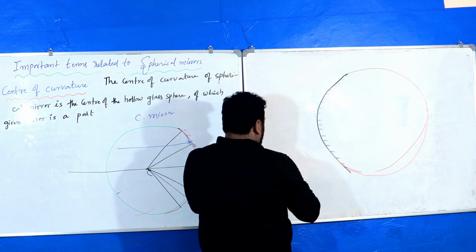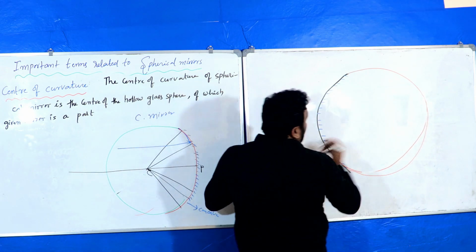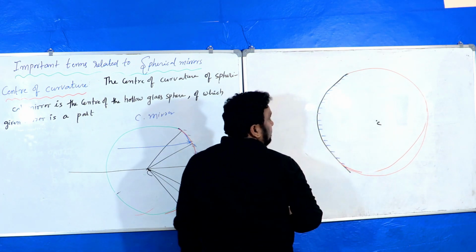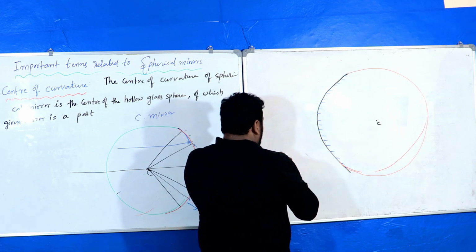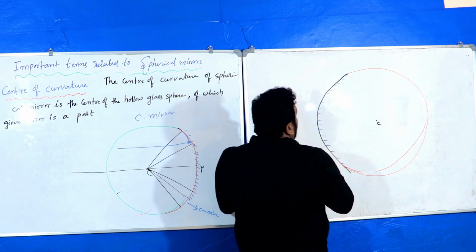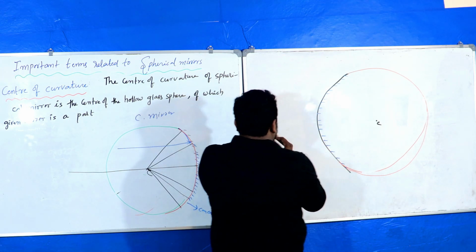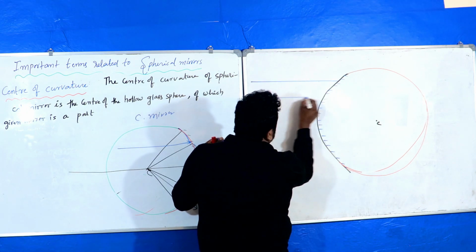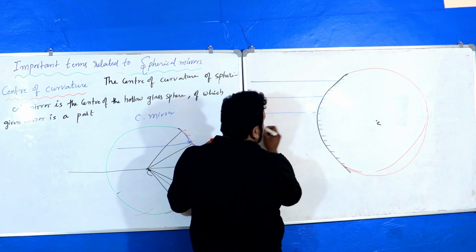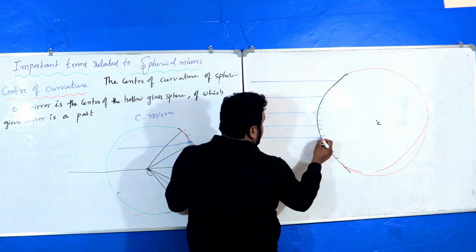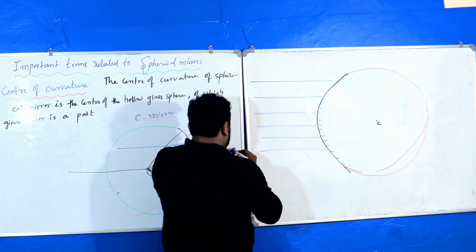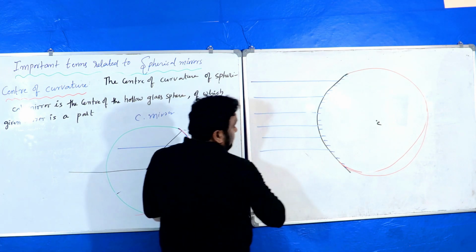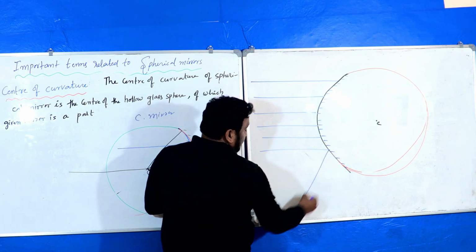Now the center of the sphere is what? C. To understand that, we are drawing some light rays. A parallel beam of light is incident on the reflecting surface, and that light is going to reflect like this.